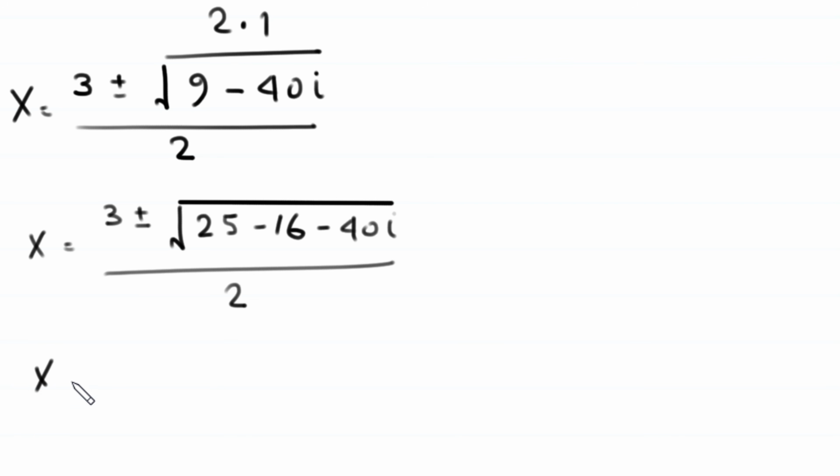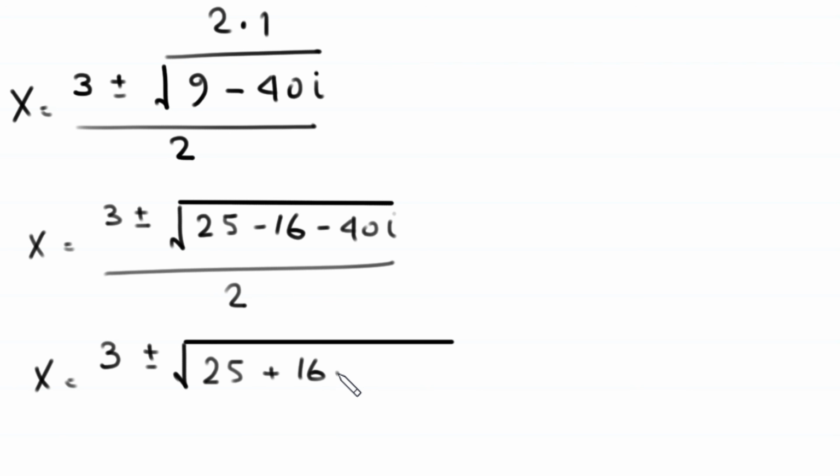Next, x is equal to 3 plus or minus the square root of 25. This negative 16 can be written as plus 16 times negative 1, minus this 40i, divided by 2.